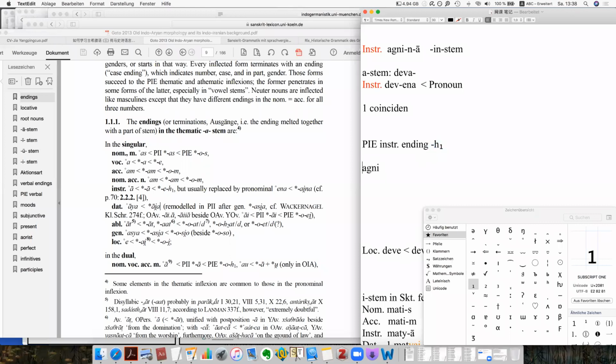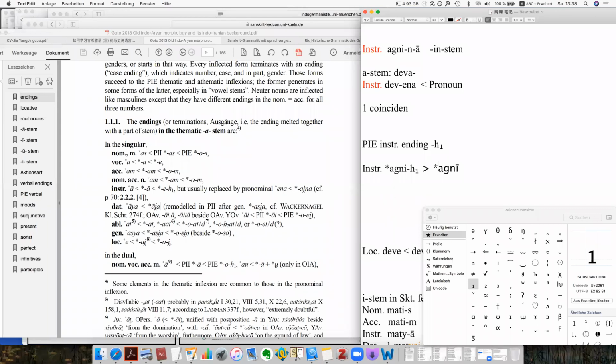So assume that we build the instrumental with this ending. What is the result? I think I should put this one here. It is actually this one, right? This is actually the instrumental of Agni, right?